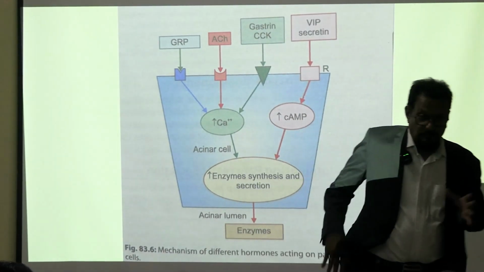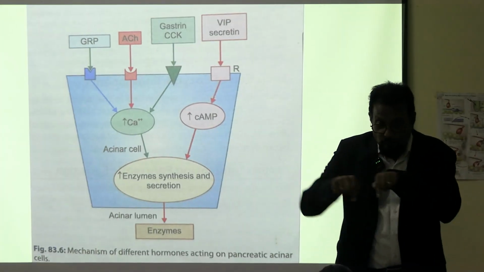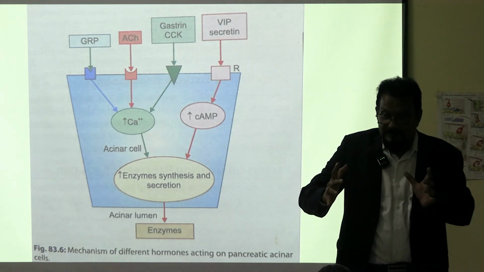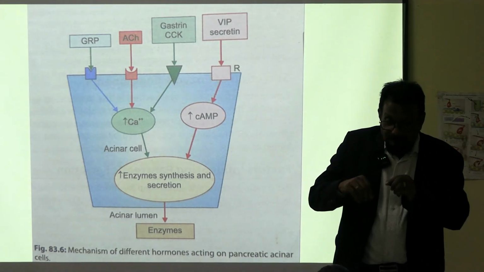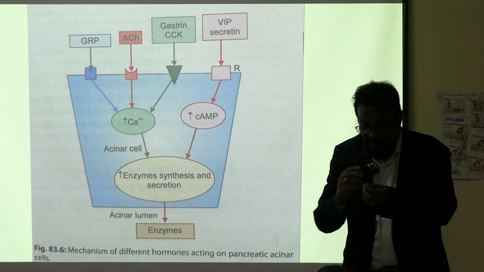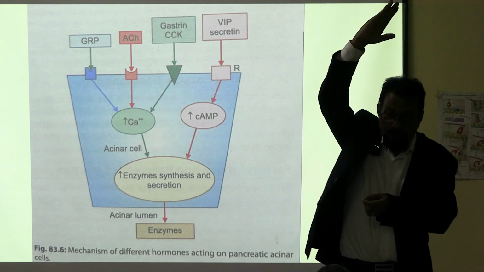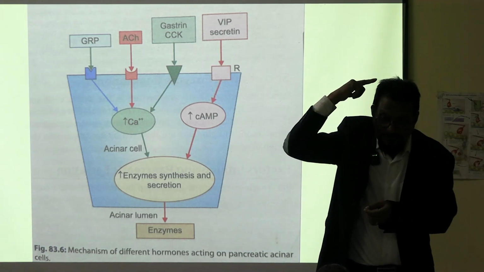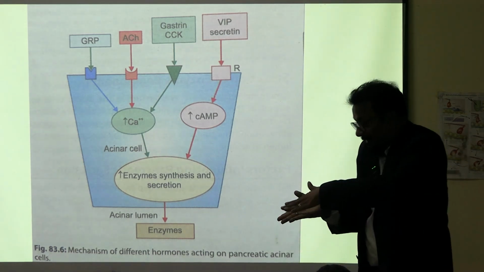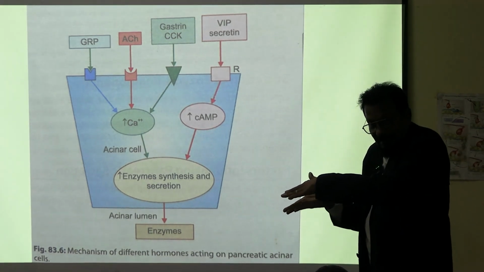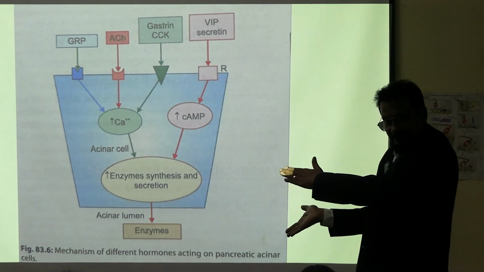Even when the food enters the duodenum, the wall will be distended. Some stretch receptors are there. These stretch receptors will be stimulated, and this stimulation will go to the medulla, and the vagus nerve will be stimulated. While ending in the ganglion, it will make two branches.